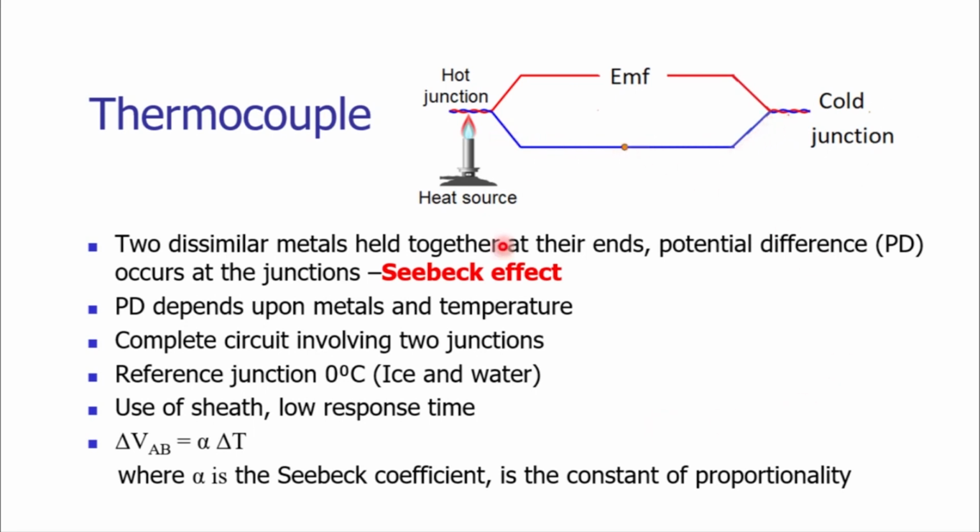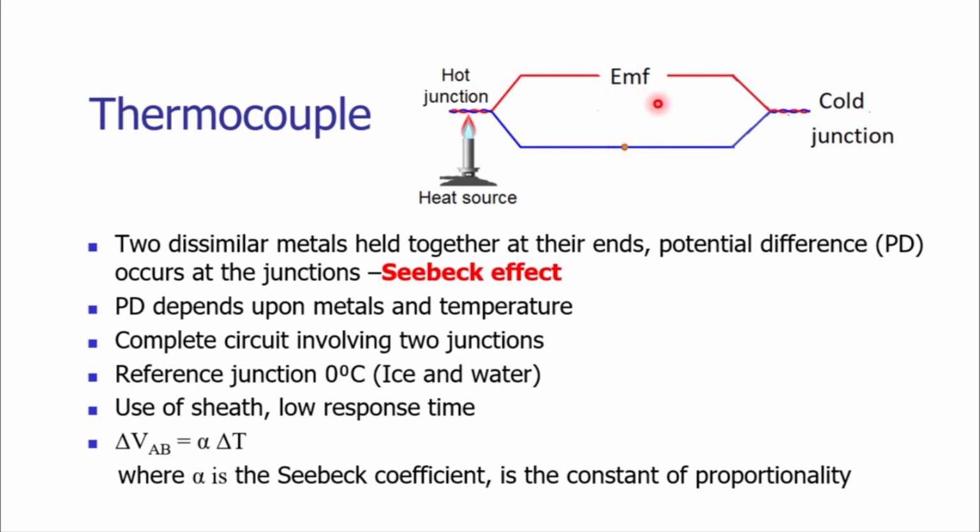So in this way, as the number of electrons moving from the hot junction to the cold junction increases, the negatively charged particles would be more at the colder junction and the positively charged particles would be more at the hot junction. So due to this, there would be generation of potential difference, and that potential difference will create the electromotive force.